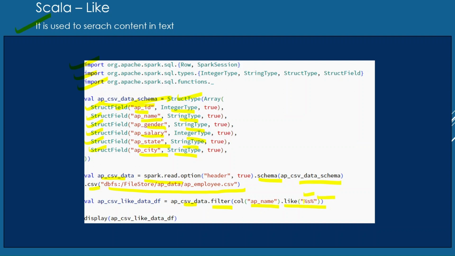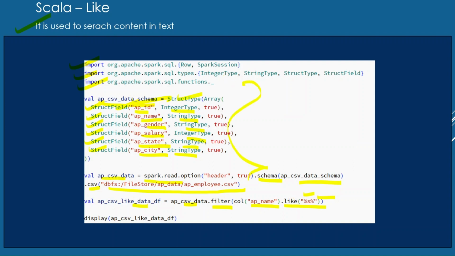This percentage means any character: the text could start with any alphabet and end with any alphabet. If VS is present in between, then filter those records and create this data frame. We will see different combinations of this percentage sign once we jump into Databricks for the practical implementation of this like operator.